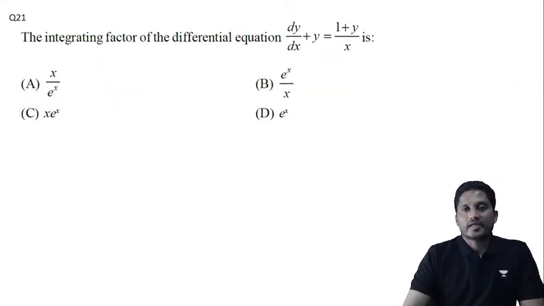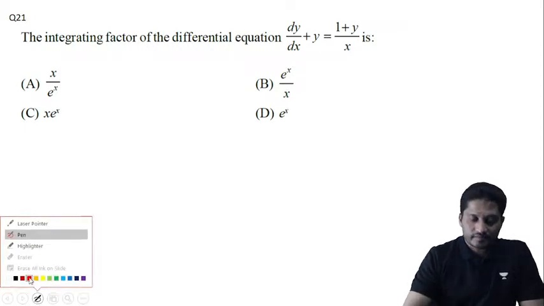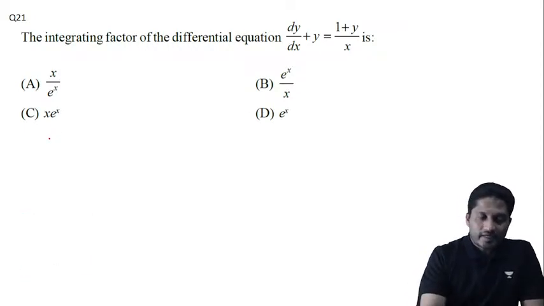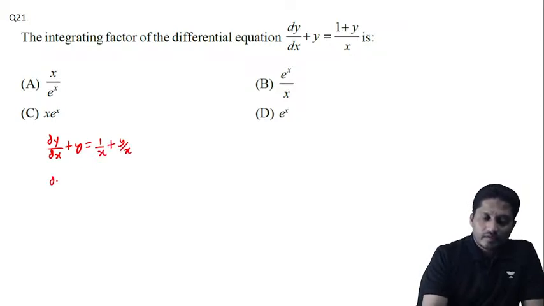The integrating factor of the differential equation is... I can write this in standard form, dy by dx plus y is equal to 1 by x plus y by x. Dy by dx, if you shift to the left side and take y common, plus 1 minus 1 by x into y is equal to 1 by x.